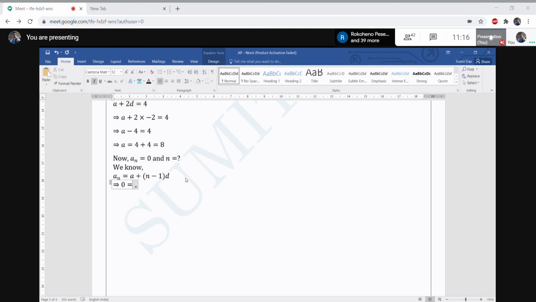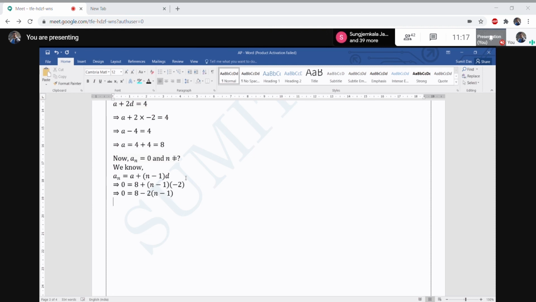n is what we have to find, a is 8, and d we got is -2. Then just do the simplification. 0 equal to 8 minus 2 into n minus 1.